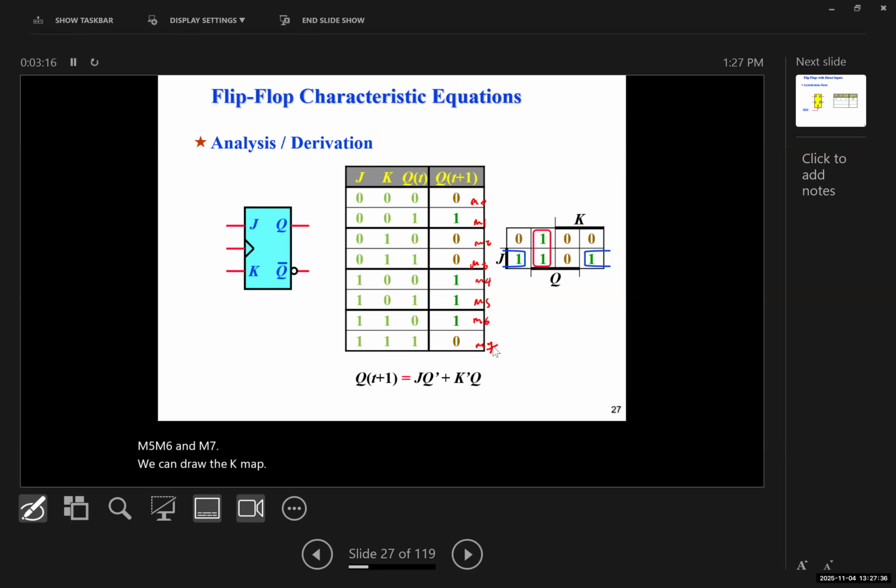So here M1, M4, M5, and M6 are 1, and M0, M2, M3, and M7 are zeros. We draw the K-map for it. Then we will simplify the K-map. And when we simplify the K-map, we get to the equation. And this is how we actually got the equation if we want to use the truth table. QT plus 1 is going to be JQ prime plus K prime Q.